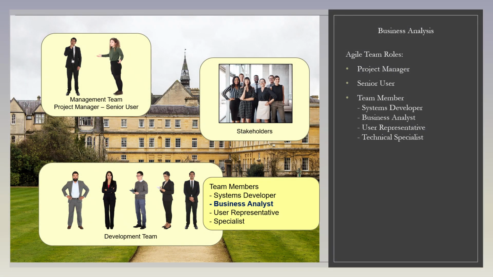Most projects are organised as you can see here, with a management team, a development team which will include the business analysts, and a stakeholder group to provide input on business requirements.